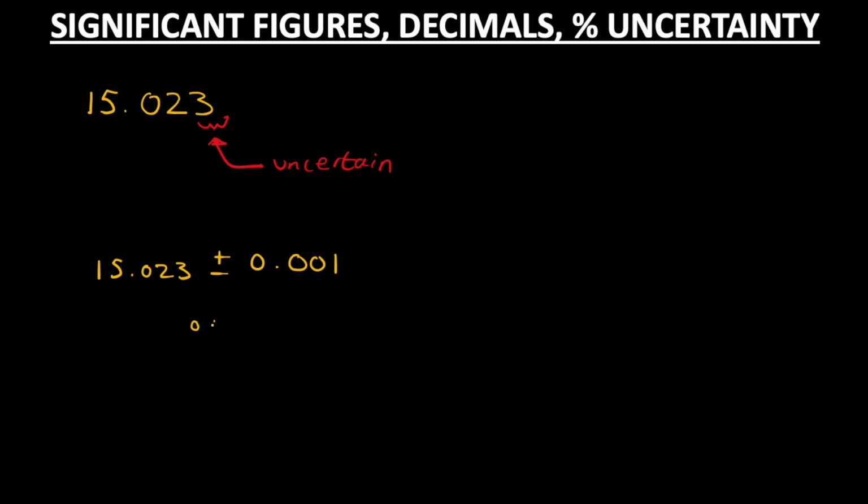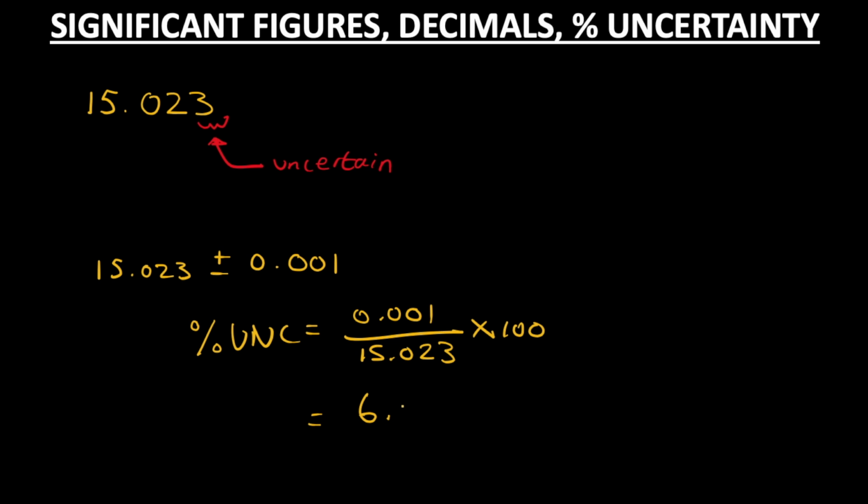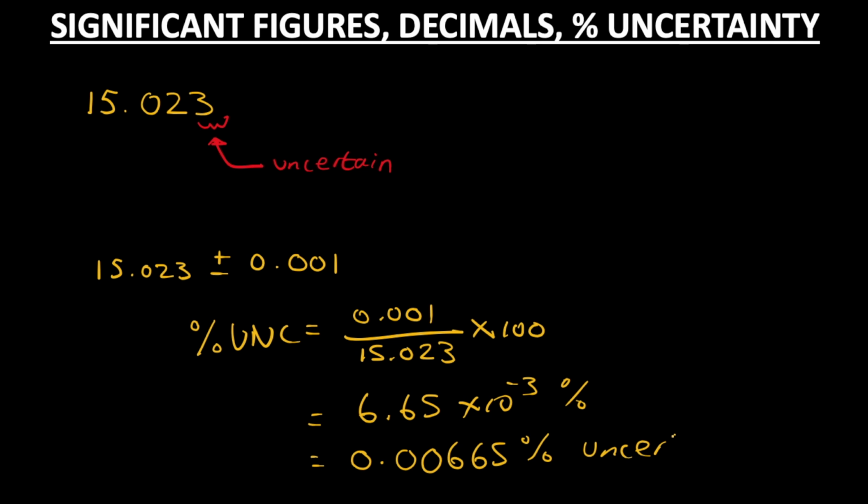So to calculate the percent uncertainty, we would take 0.001 over 15.023 and multiply that by 100, giving us an answer of 6.65 times 10 to the minus 3, which means that it's 0.00665% uncertain, which shows that this value we got is pretty certain.